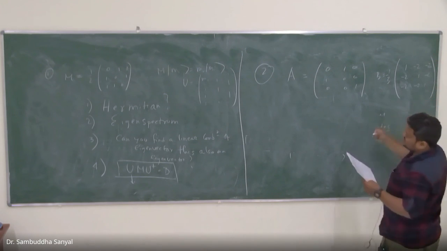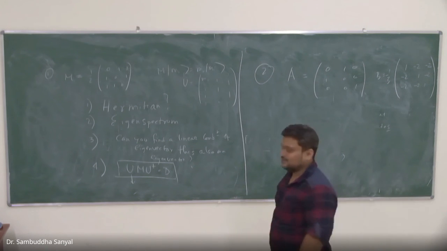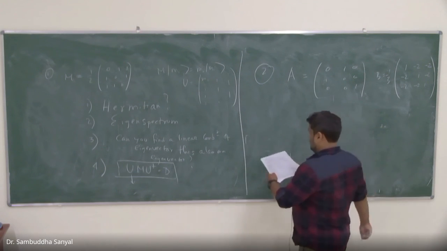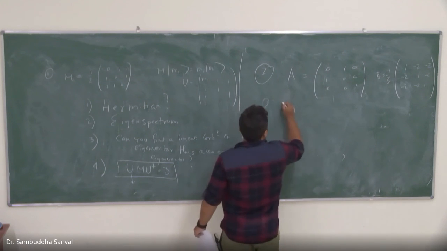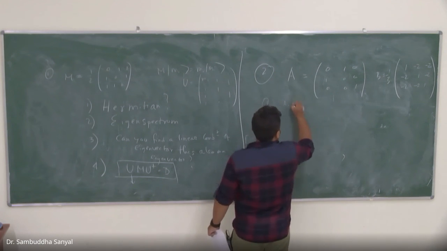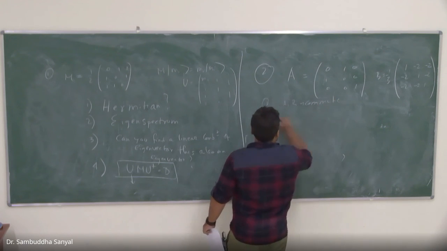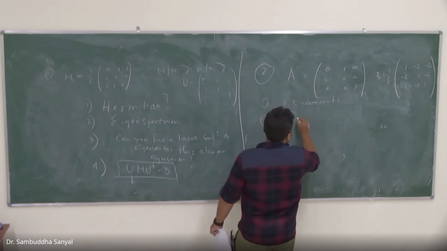You can also construct your own matrices. It's not that you have to take only my examples. Then check these things. First, check if they commute. Second, find their eigenspectrum, of both.